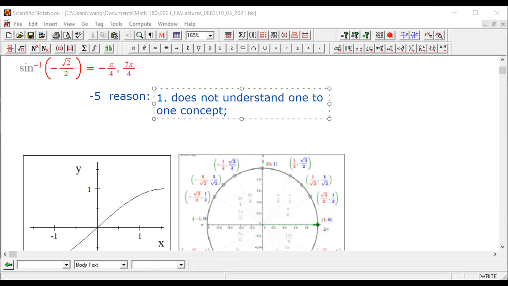Function concept. What do we mean by function concept? For each input, there should be exactly 1 output. You give 2 outputs, right? And you don't understand the one-to-one concept, you should have exactly 1 answer. So even though between the 2 answers there's 1 correct answer, you're gonna get 0.